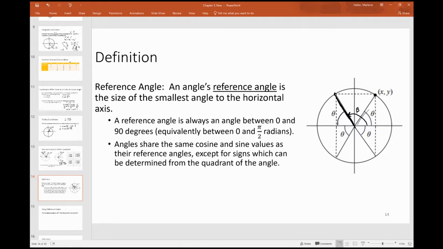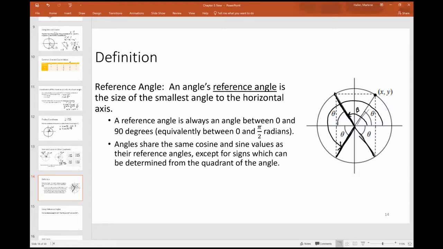If I have an angle that terminates way over here, maybe that's like 240 degrees or something like that, the reference angle for this guy is the smallest angle between this terminal side and the horizontal axis, and it's going to be theta again.